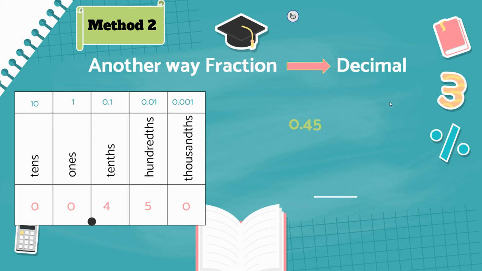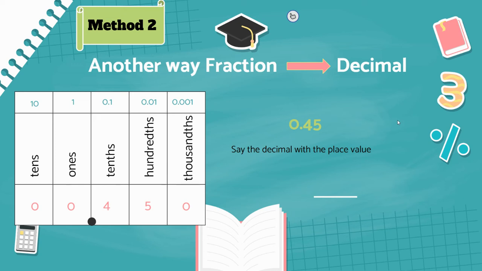You can see that my tens and ones are zeros, the decimal point. I have 4 in the tenths place and 5 in the hundredths place. The reason this is important is because the way that you write this decimal as a fraction is just to say the decimal place value.